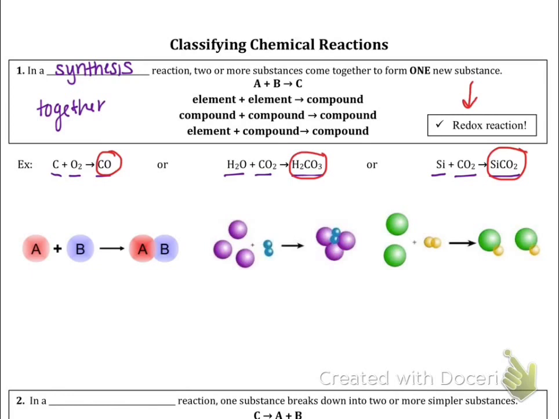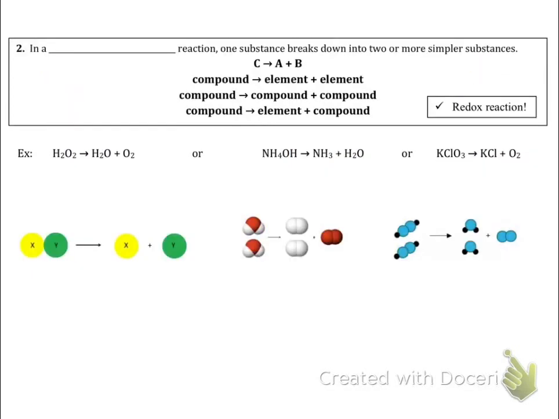The second type of chemical reaction is called decomposition. We've used the word decomposition before. You should know what it means. It means to break down. So it's the exact opposite of the synthesis reaction, meaning you start off with one really big thing and it breaks apart.